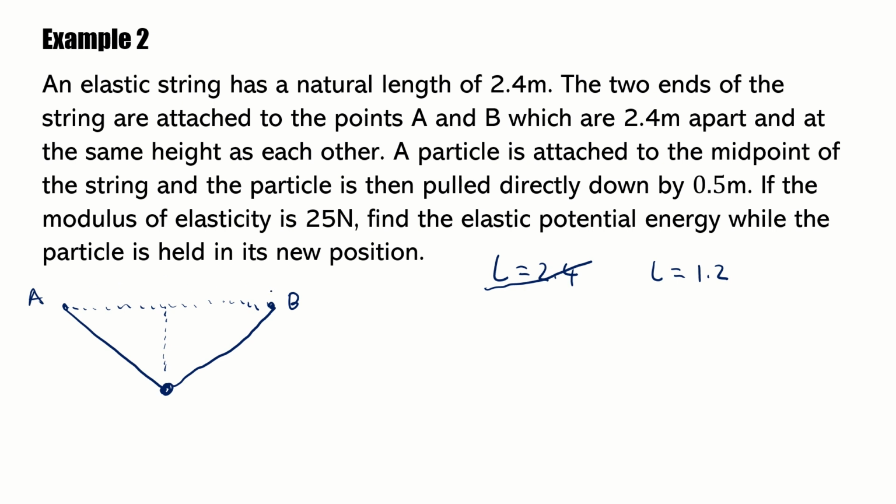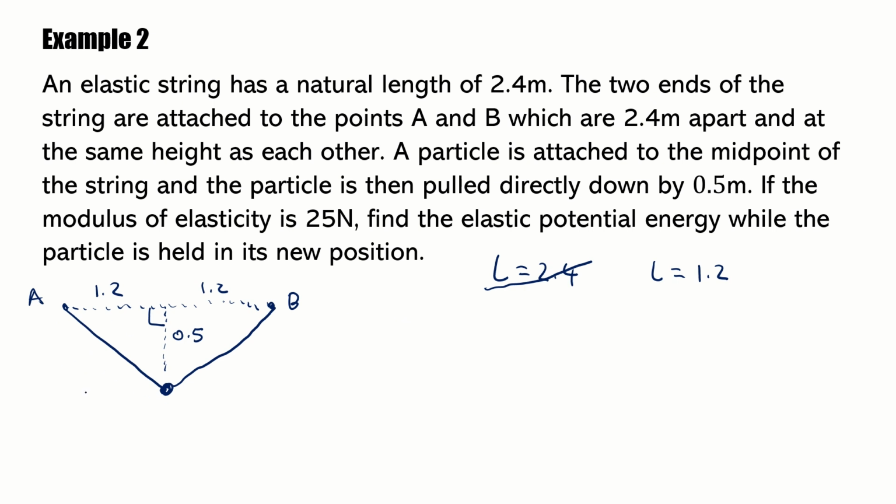Because we know the original length between A and B was 2.4, but that means each half between A to the midpoint and from the midpoint to B is just 1.2 each. And then, we also know the height of this right-angled triangle we've created is 0.5. So therefore, we can work out the length of the diagonally stretched string by doing Pythagoras.